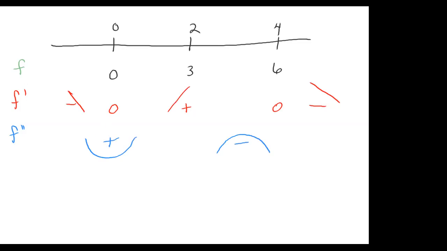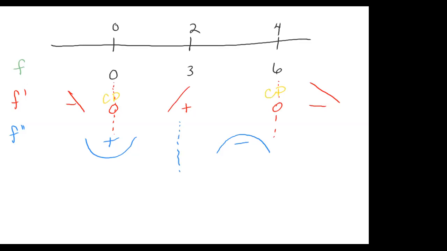Now, I'm going to separate those. All right, I'm going to label a couple things. First of all, if the first derivative is 0 at a point, that's a critical point. That's a critical point. Let's see, what do I know about that?